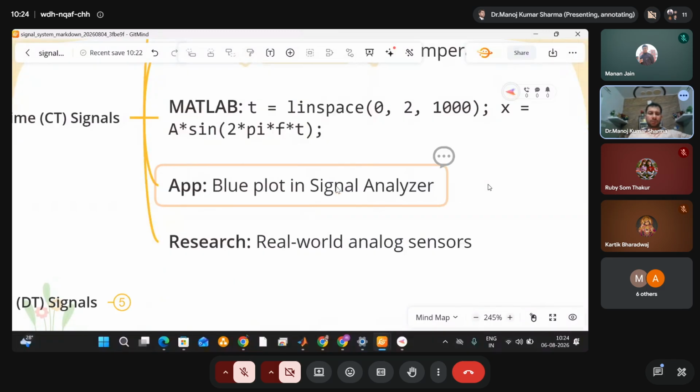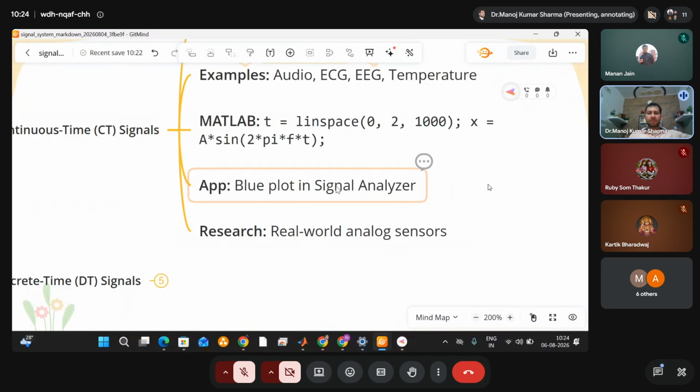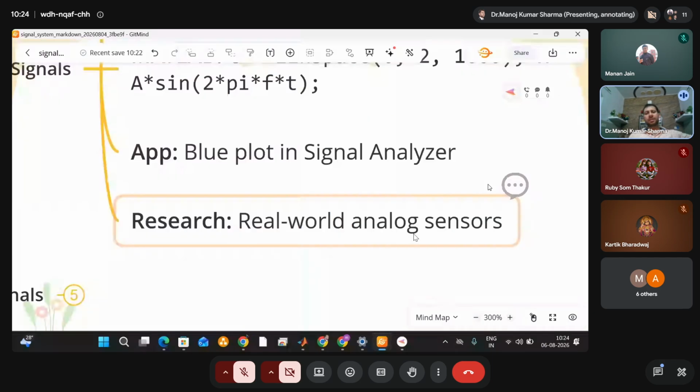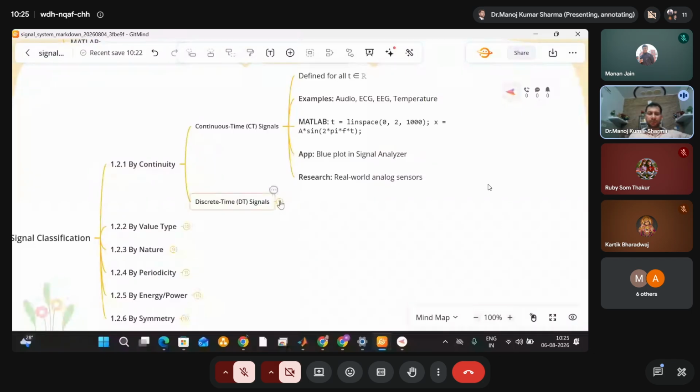For the real world, analog sensors almost 100% convert the sensed physical phenomena into an electrical signal, a continuous signal, which we can call an analog signal. That means an analog sensor is required to produce analog electrical signals, right? So next, we can describe the second one, the discrete time signal.